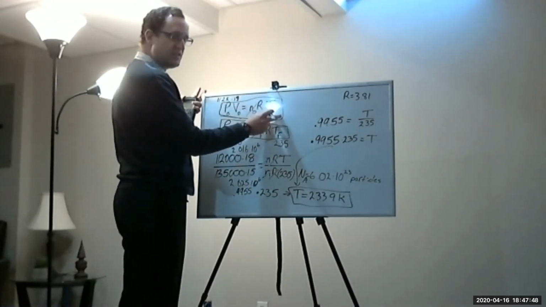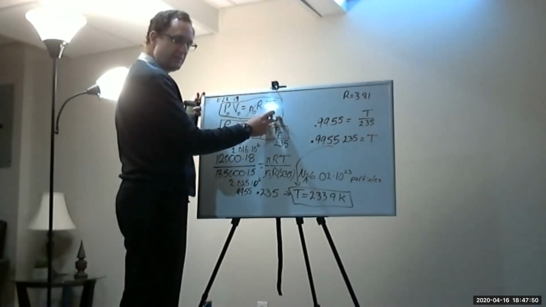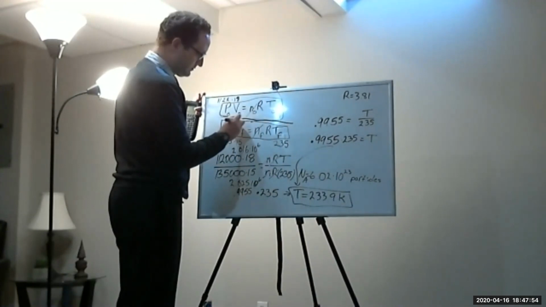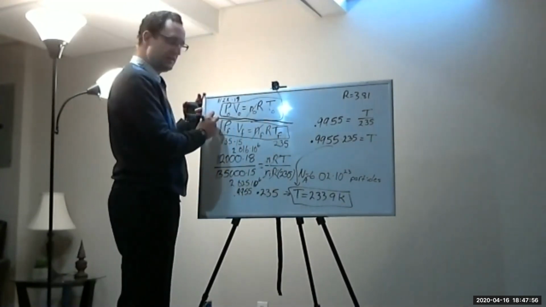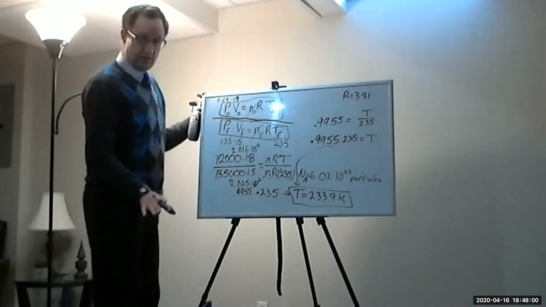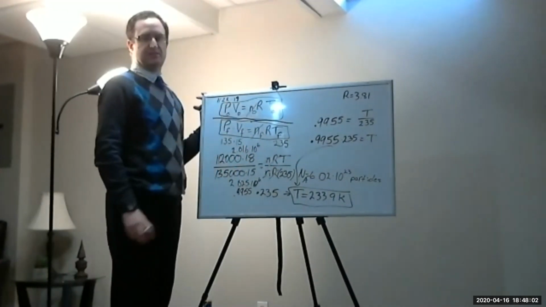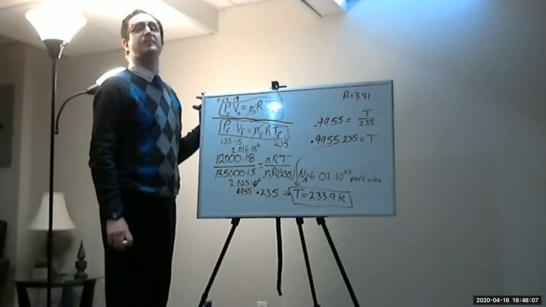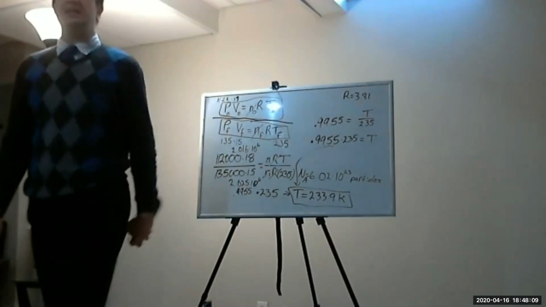I can still solve for T by setting up this ratio between the two of them such that I canceled one of my unknowns. I eliminated an unknown by having it cancel inside of the ratio. Does that make sense? Okay. Any other questions?